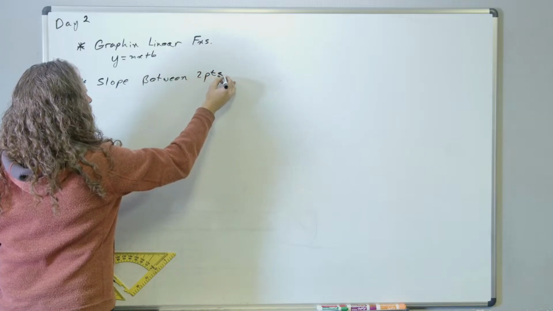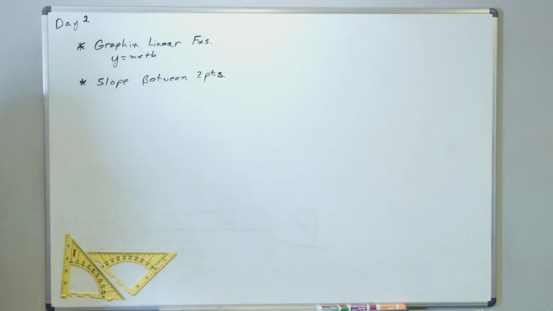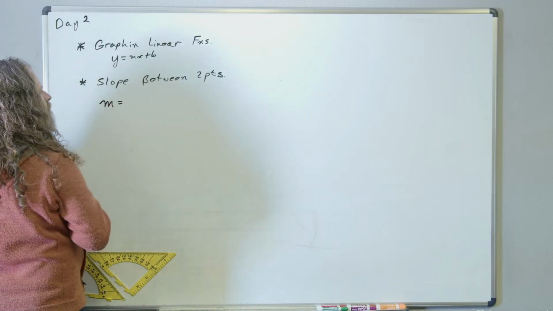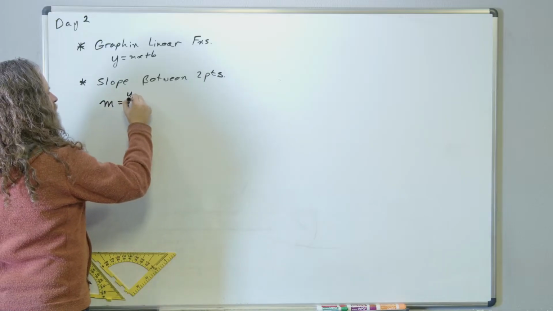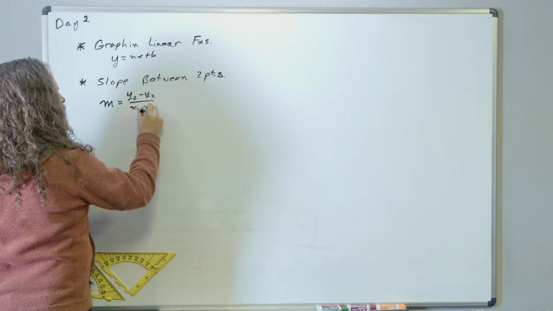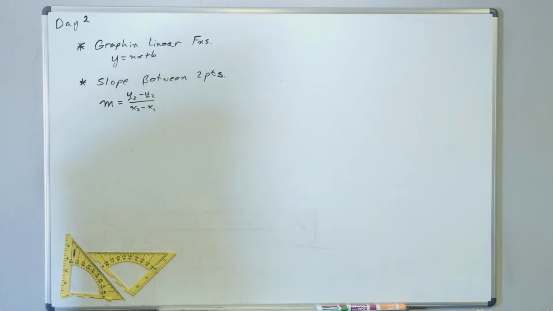Which means you're going to need to know what? What lets us find slope between 2 points? Slope formula. What is the slope formula? y2 minus y1 over x2 minus x1. Like that. You put the 2 by the y.